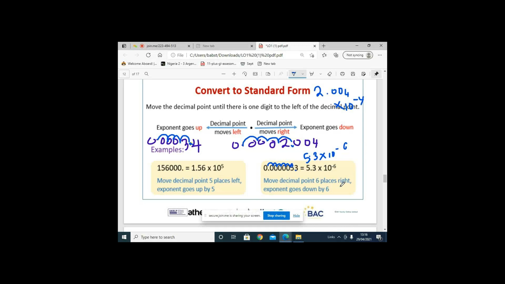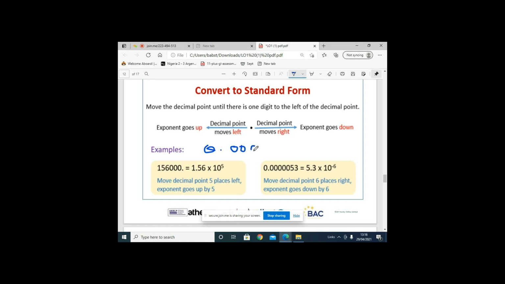So that is it. I'll still give you one to do. You just have to get one right before I move on. I know you got the first sections right, but just for you to get this one. Don't worry, we'll soon round up so that you will have time to do other things. 0.0003012.